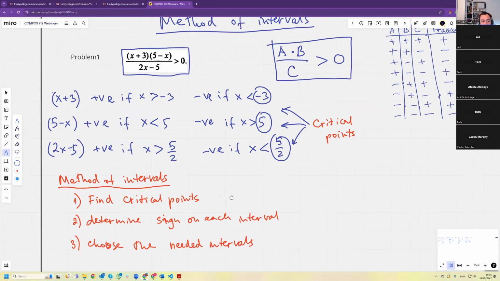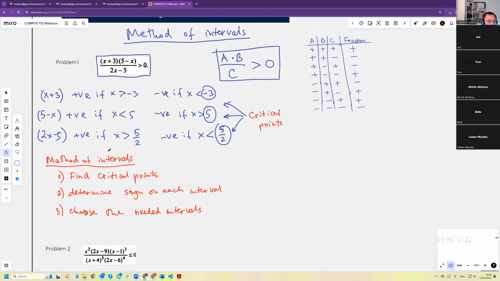Okay. So how does that work? Step 1, I found the critical points. The critical points are minus 3, 5, and 5 over 2. These are the points where something happens: either the numerator or the denominator turns to 0.